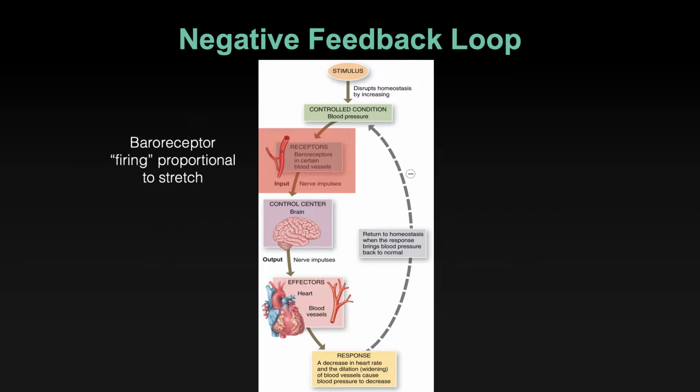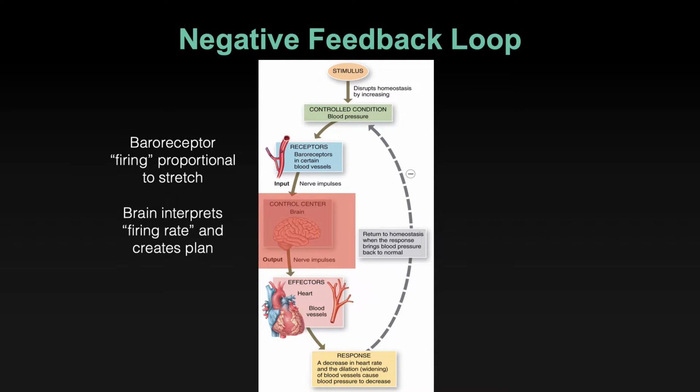And the way they do this is by firing regularly. They send a signal to the brain, the speed of which is proportional to pressure. So normal pressure has a certain frequency or a certain firing rate.